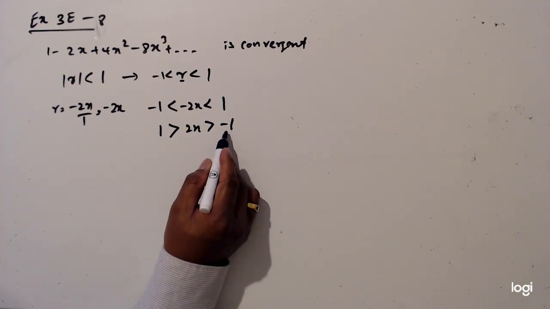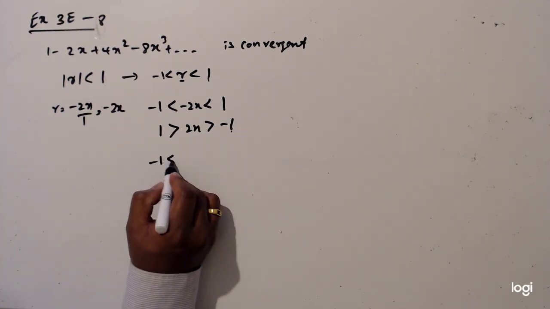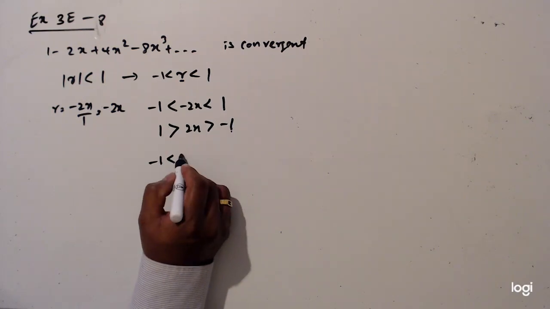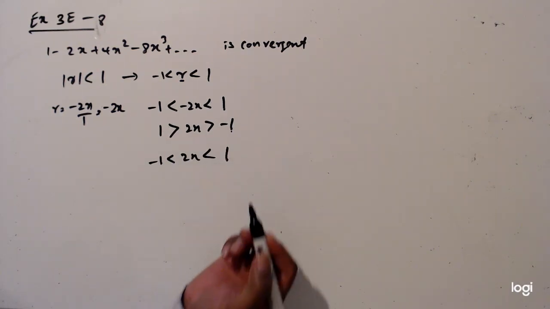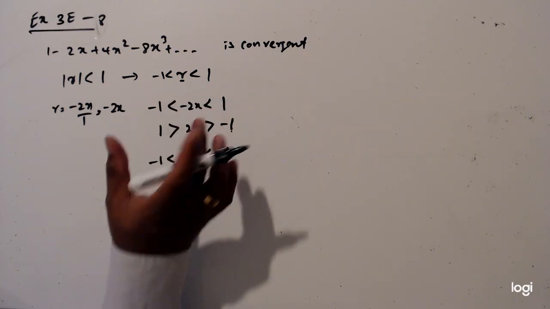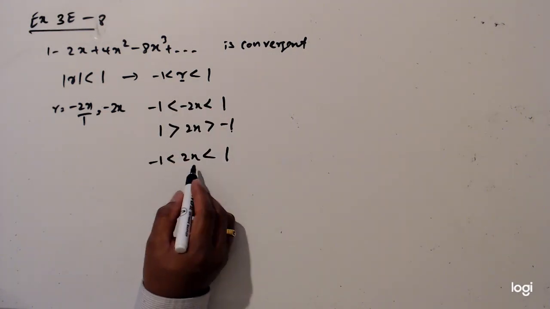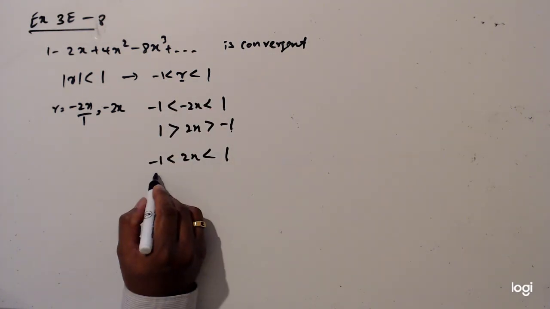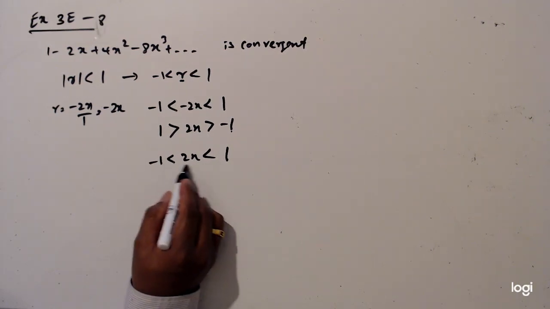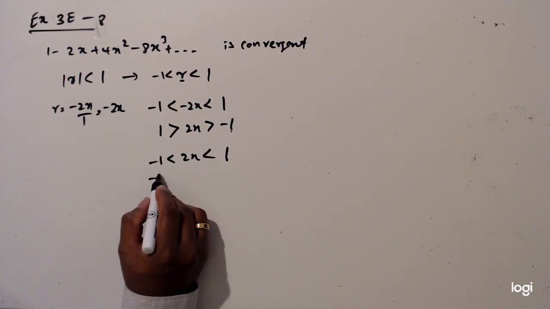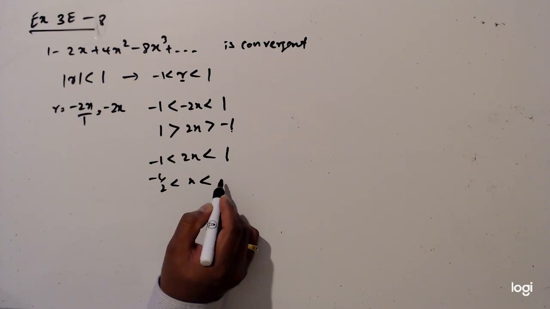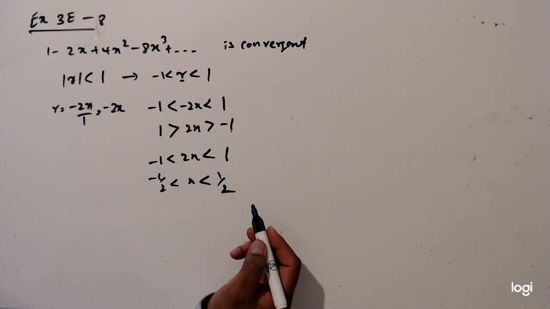If I write here minus 1, the 2x is still the same, but the symbols are switched. Then we divide by 2, so this is going to be minus half less than x less than half.